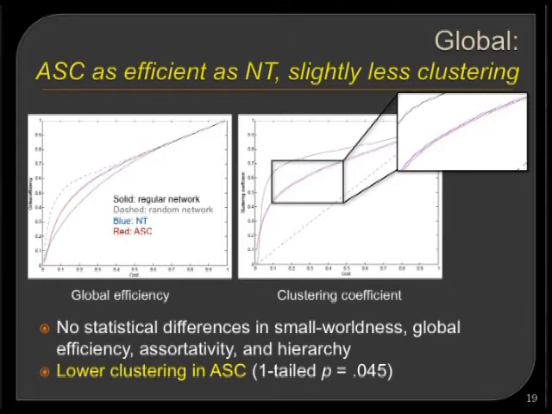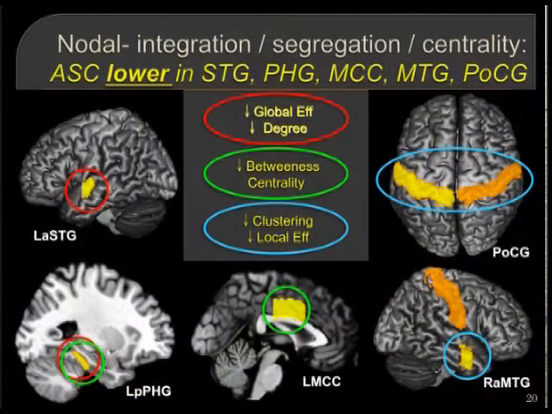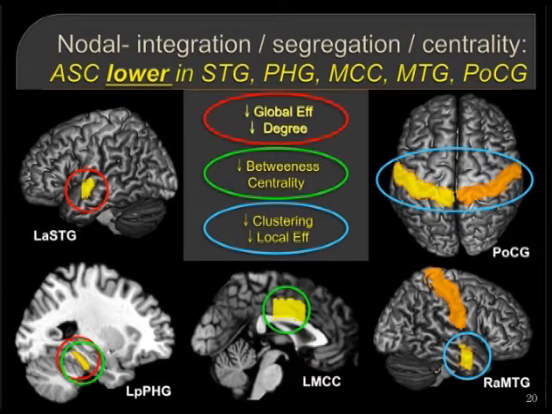However, there are some regions that showed differences. These nodal differences are in regions that passed false positive selection, meaning they passed multiple comparison correction. The red ones showed lower values: regions like the left anterior superior temporal gyrus and especially the left posterior parahippocampal gyrus showed lower global efficiency and lower degree in people with autism compared to neurotypicals.